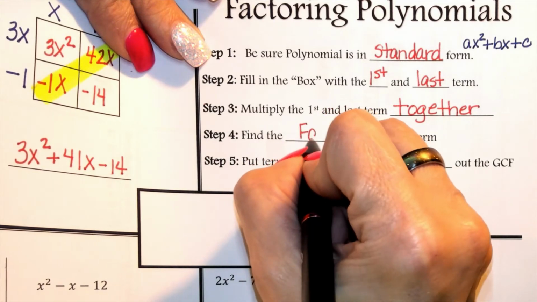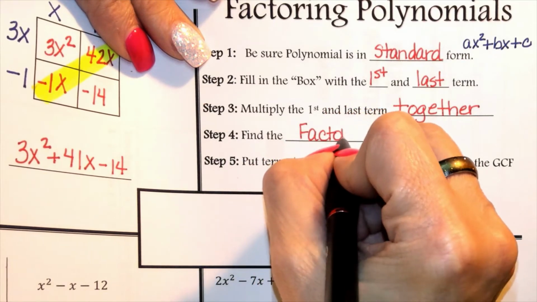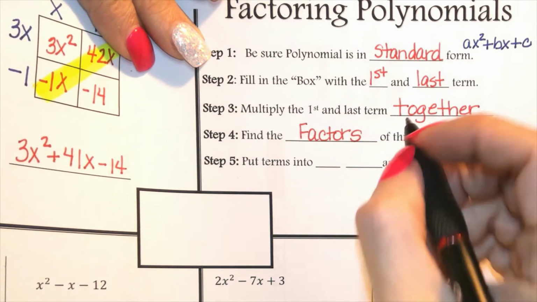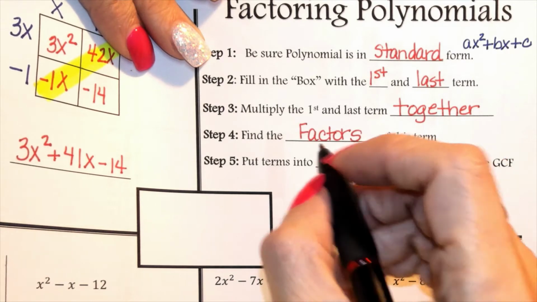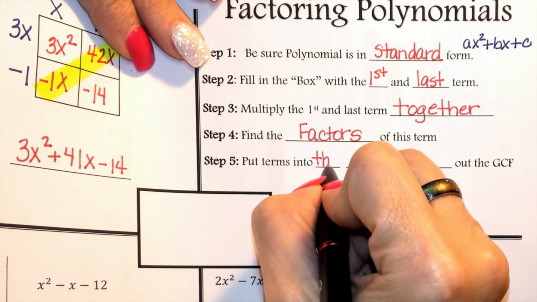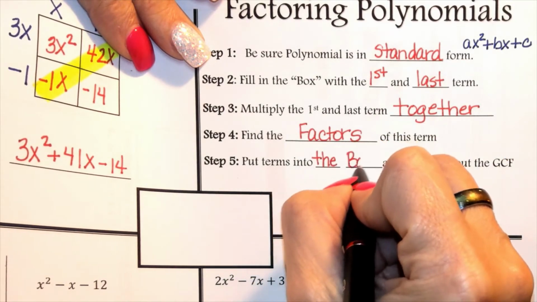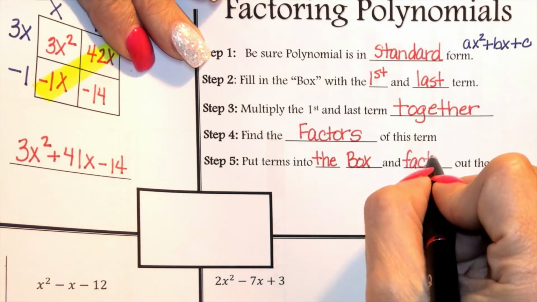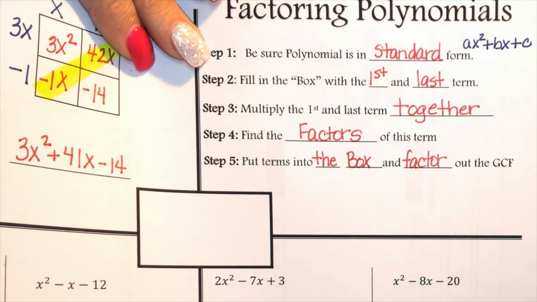Put the terms into the box and factor out the GCF. Okay, one other thing. I want to put the word factor right here.